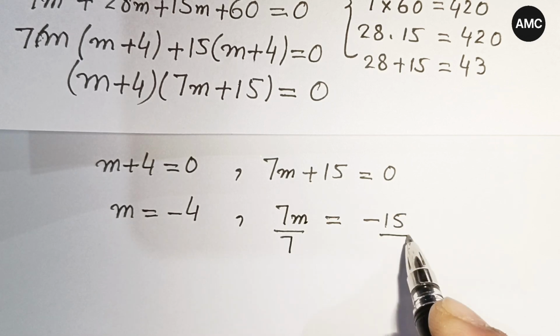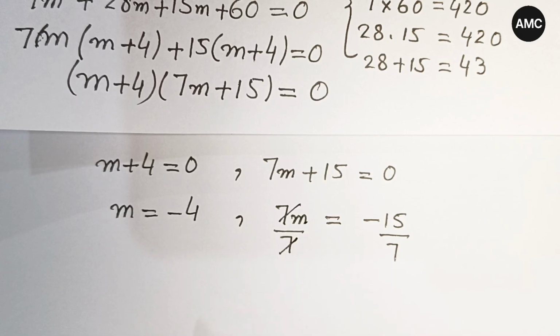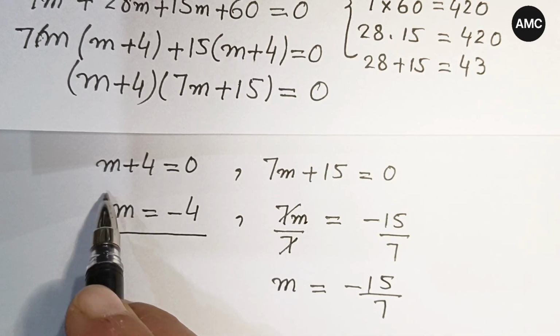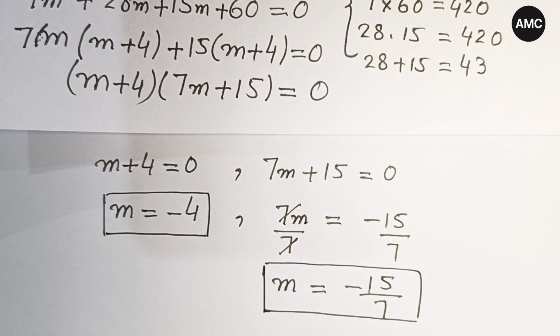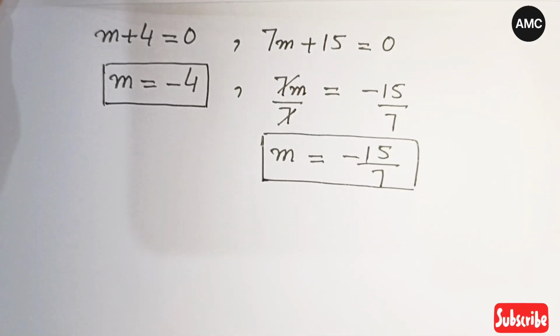Dividing by 7 on both sides, 7 is cancelled, and on the left-hand side we have another value of m, which is minus 15 over 7. Now we have two values: m is equal to minus 4 and m is equal to minus 15 over 7.